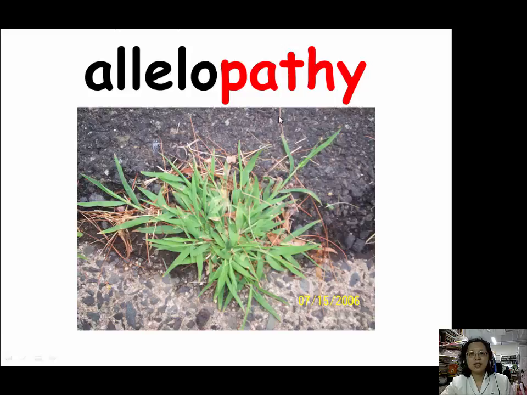And for the suffix pathy, our example is allelopathy. Allelopathy is a biological phenomenon by which an organism produces one or more biochemicals that influence the germination, growth, survival, and reproduction of other organisms.